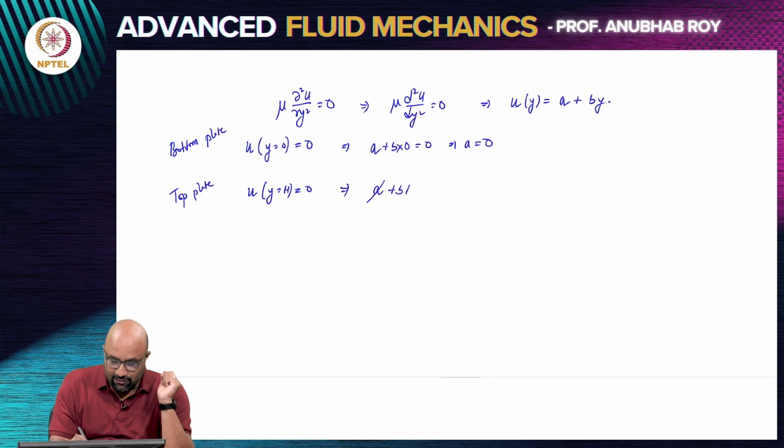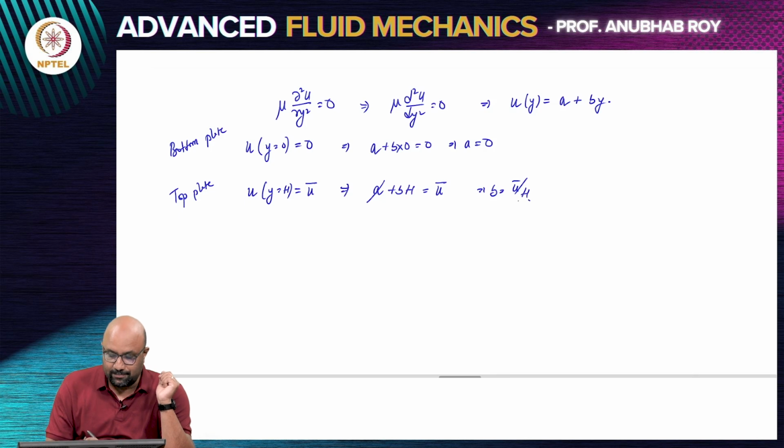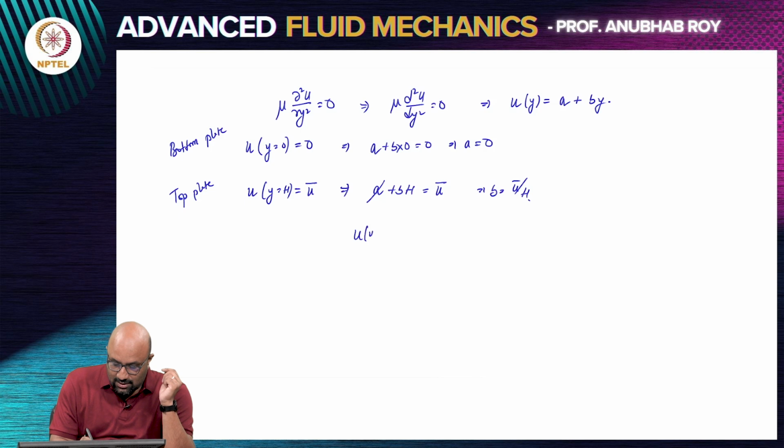So then I have b times h equals u bar, the plate is in motion, which gives me b is equal to u bar by h. Which gives us a velocity profile that is u bar y by h.